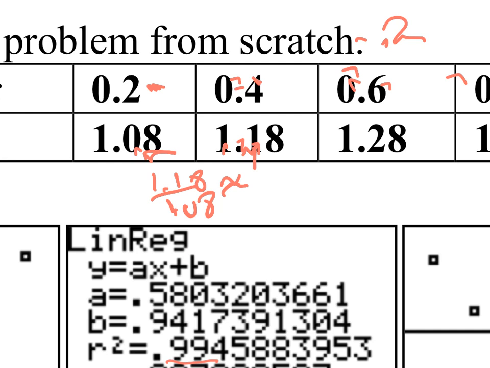That was what? 1.09. They were all about that, remember? So I told you that if all your ratios are about the same, it's probably exponential.